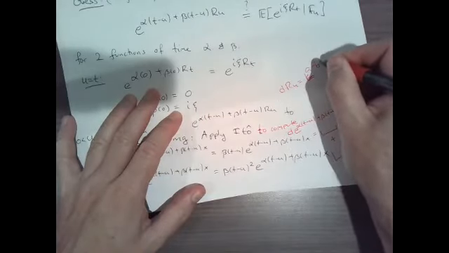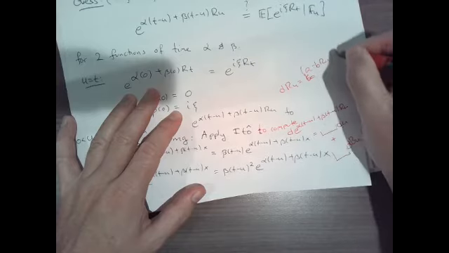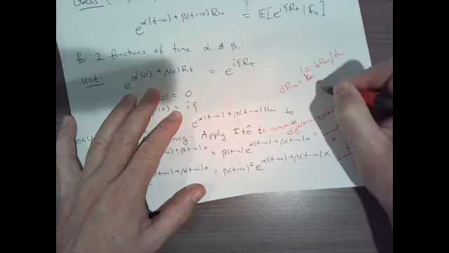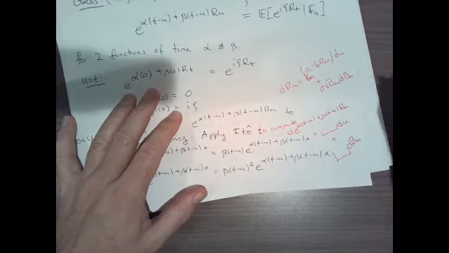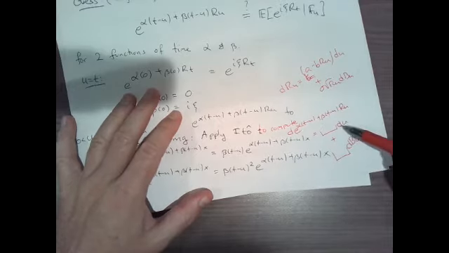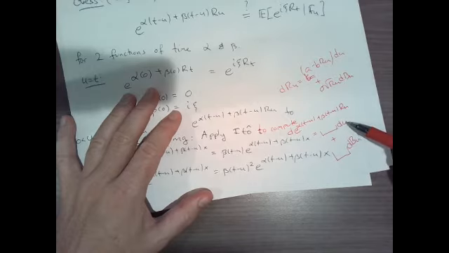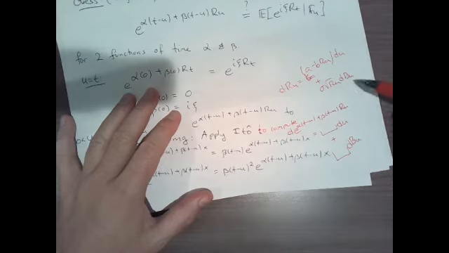A minus B Ru du plus sigma root Ru dBu. So instead of du, you could write dRu here. dRu can be written as something du plus something dBu.